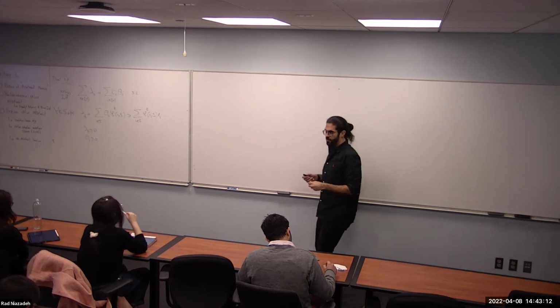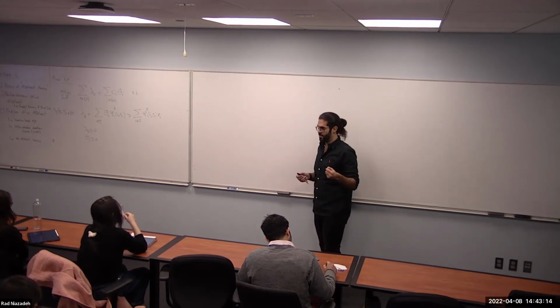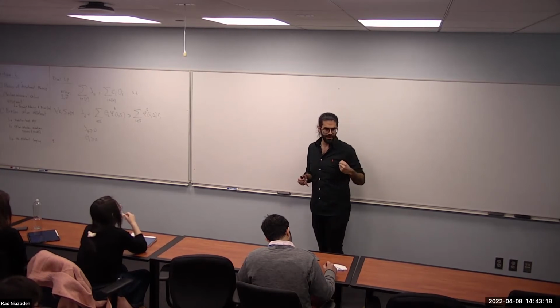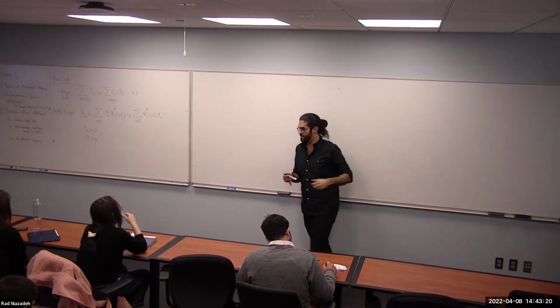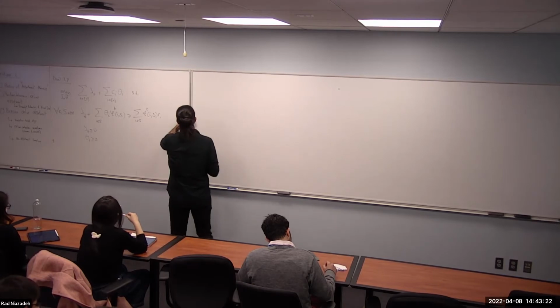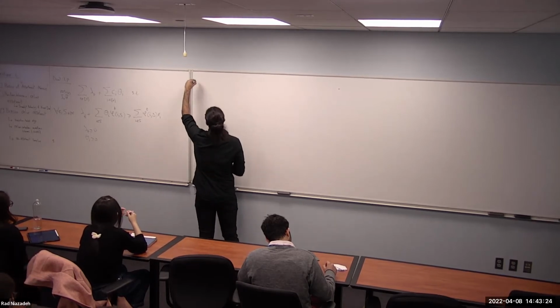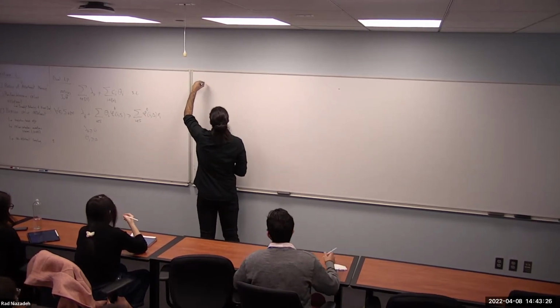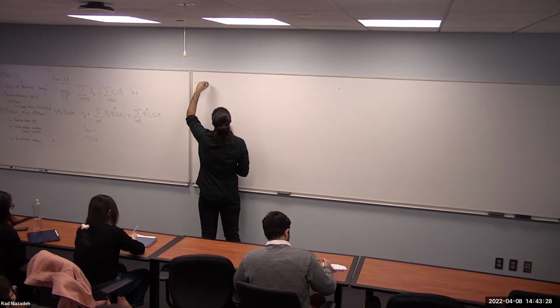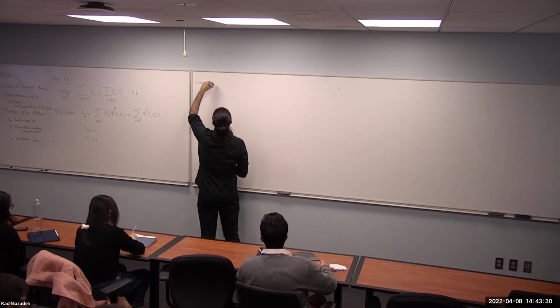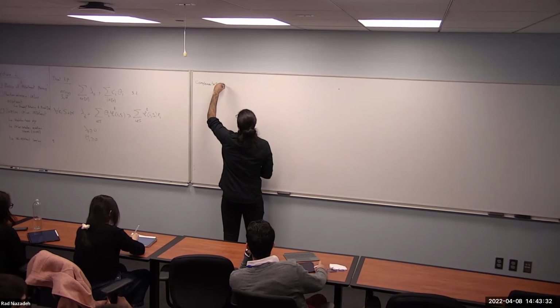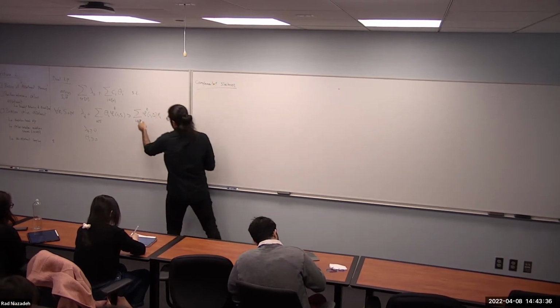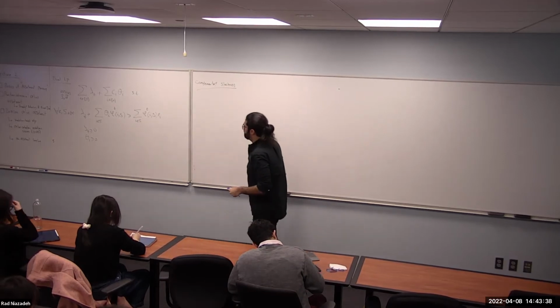And I claim that if you know this extra information, theta i star, similar to last time, you can actually have an algorithm that is as good as the expected outcome. Let's think about these. Similar to last time, we're going to look at the complementary slackness for these constraints. So what does it say?